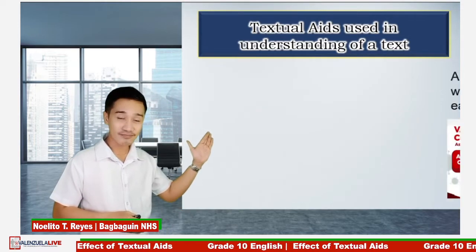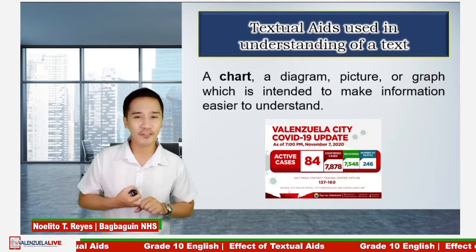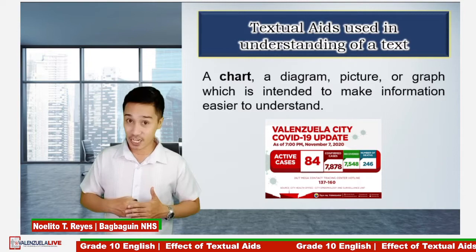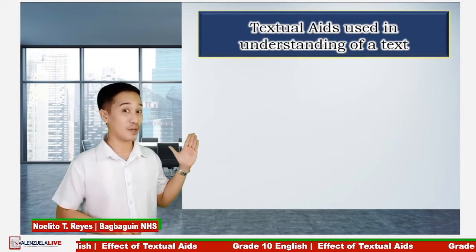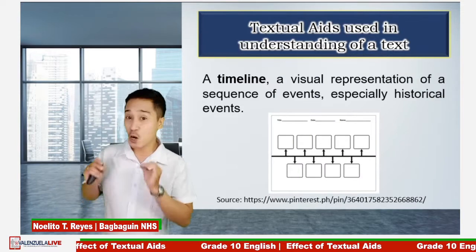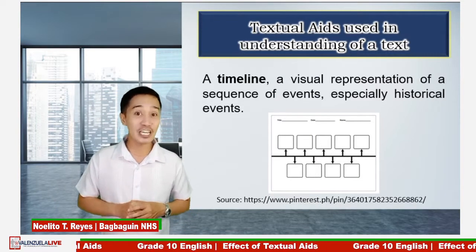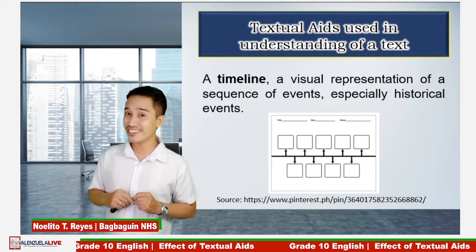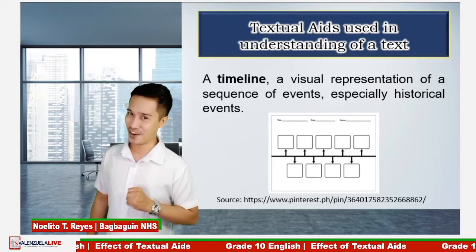A chart, a diagram, picture, or graph which is intended to make information easier to understand. And a timeline, a visual representation of a sequence of events, especially historical events. Always keep them handy because they will make you understand a text clearly.